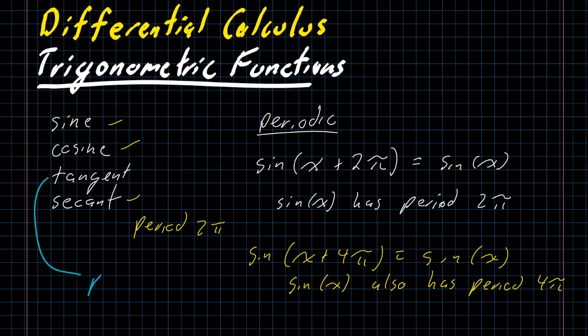Tangent has period pi. Tangent goes through its period twice as fast as the other trig functions. And so when you are looking at something that combines tangent and secant, thinking about tangent as having period 2 pi, even though its period is actually pi, can be of some value.